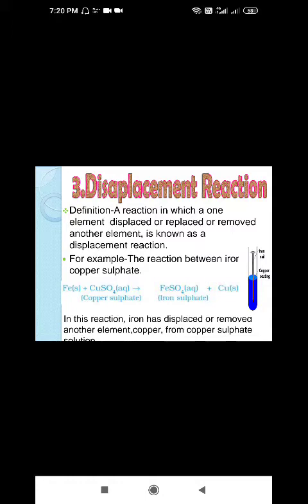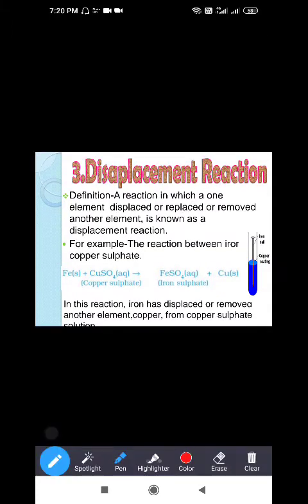It is the same reaction, between the iron and the copper sulfate. Iron plus copper sulfate gives ferrous sulfate, or iron sulfate, plus copper. You can see in the figure that the copper is displaced by the iron.